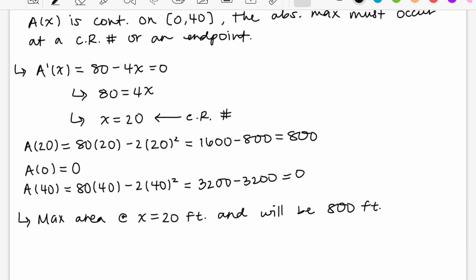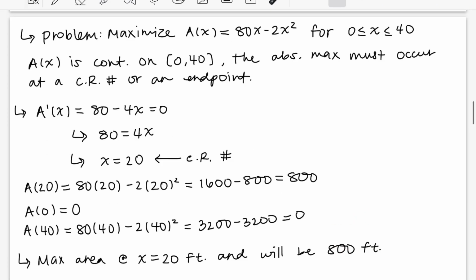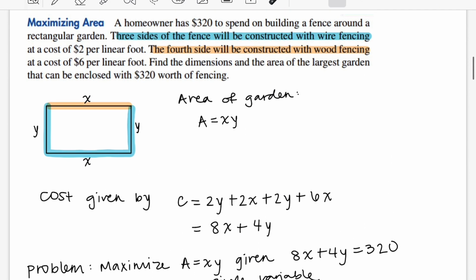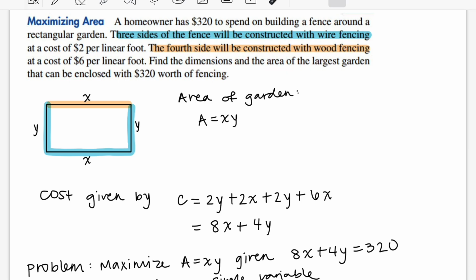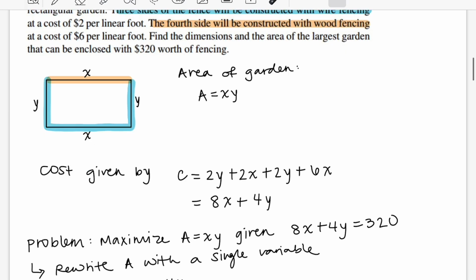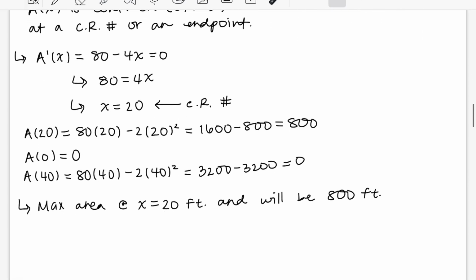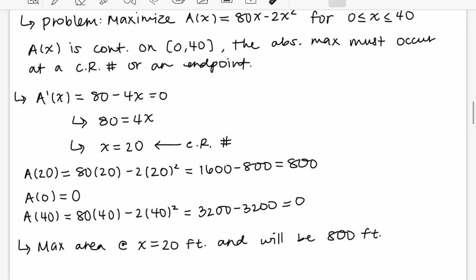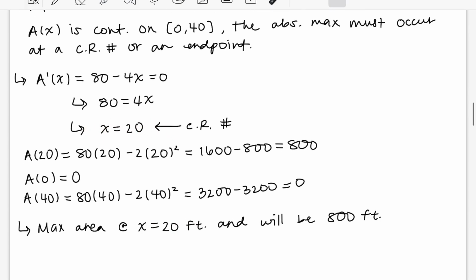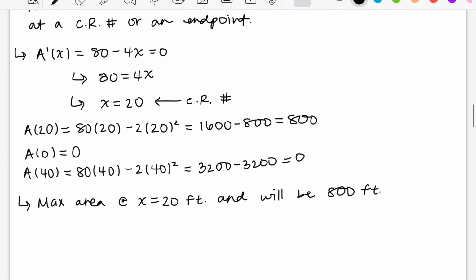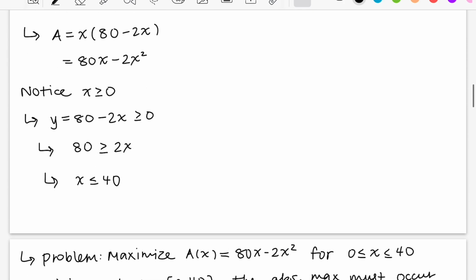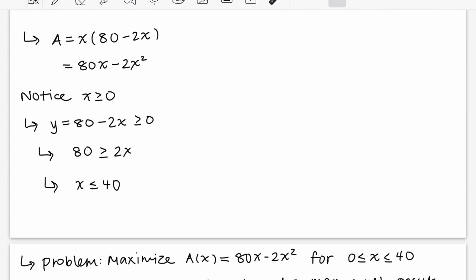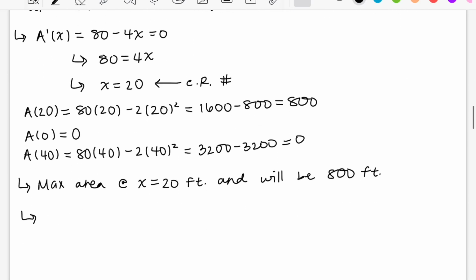All right, and so we found the maximum area, but referring back to the question, it did ask to find the dimensions and the area of the largest garden that can be enclosed with this much. So we need to find the dimensions. We already know that the maximum area occurs when x is equal to 20, so that's one of our dimensions, and so we need to find y. We saw that y was equal to 80 minus 2x.